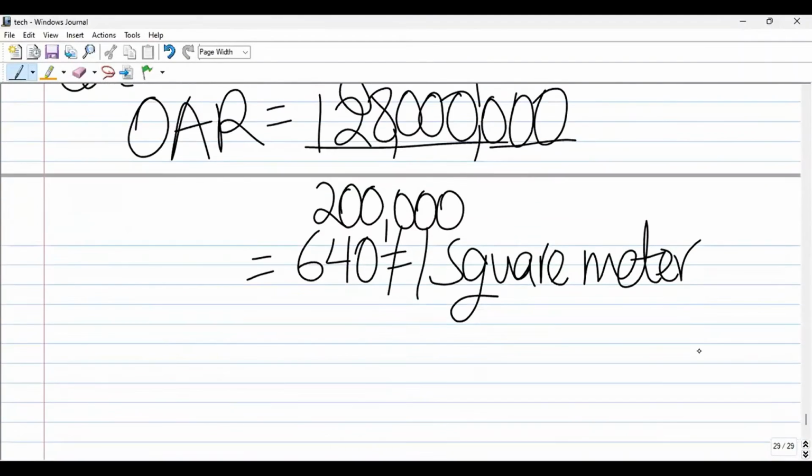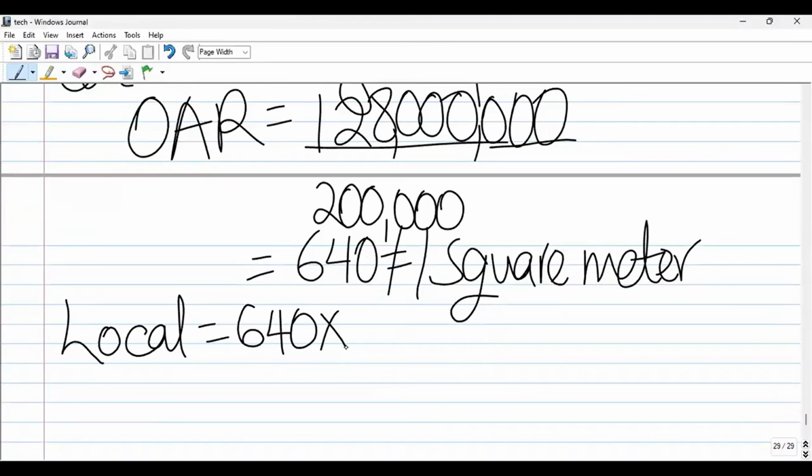So meaning that local is going to be 640 times the number of square meters for local, because we are now allocating.